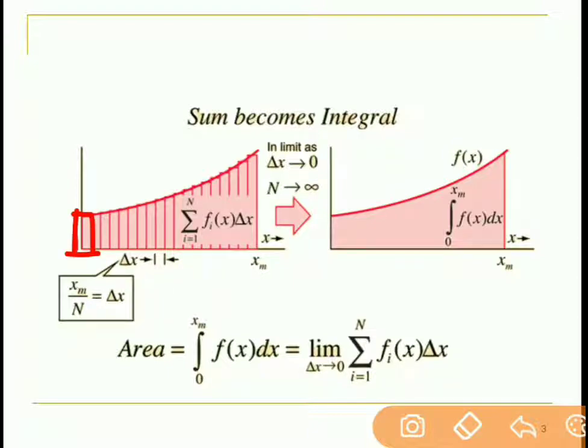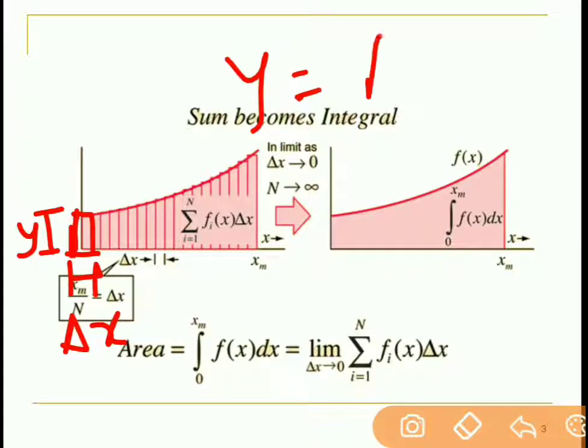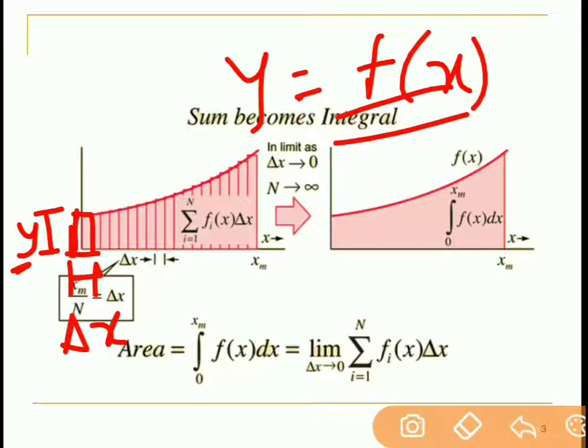This rectangular strip has length delta x and height equal to y. Now this y will vary according to the function y is equal to f of x. So this distance y, which is the height of the rectangle, will vary according to the given function.